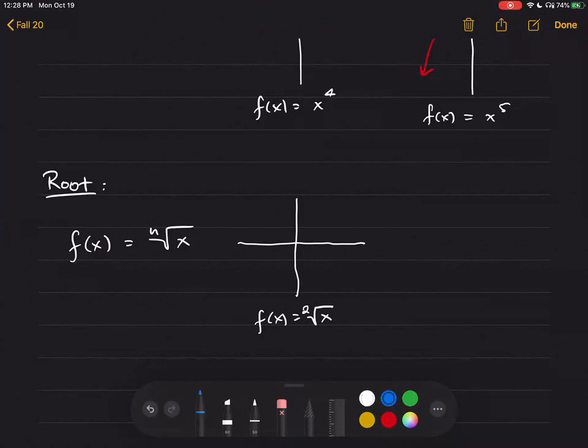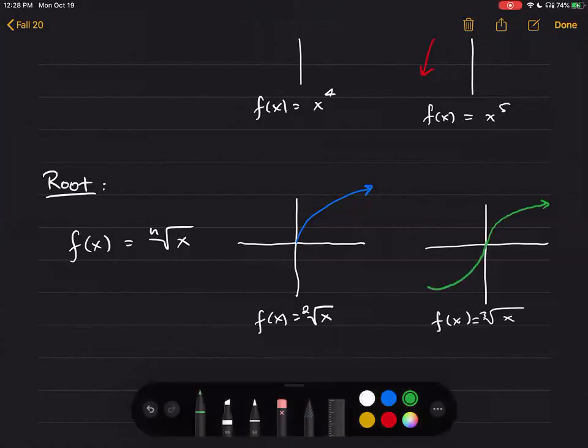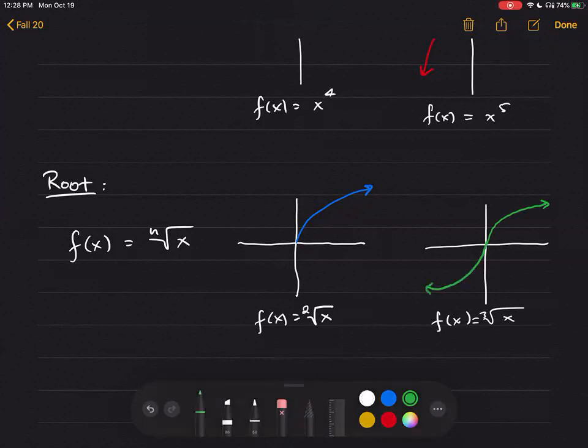And so this graph looks like this, because it's only defined on 0 and positive numbers. And then if we also look at the graph of the cube root of x, we're going to see something interesting. This one is going to go this way, and then it's also going to go this way. Because if we have an odd root, it is then defined on all numbers.